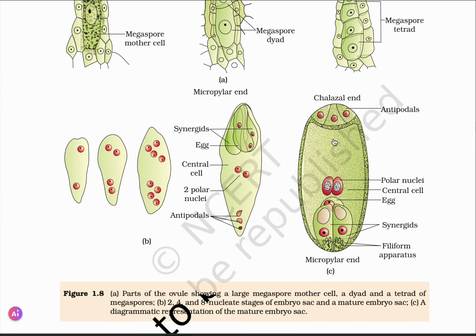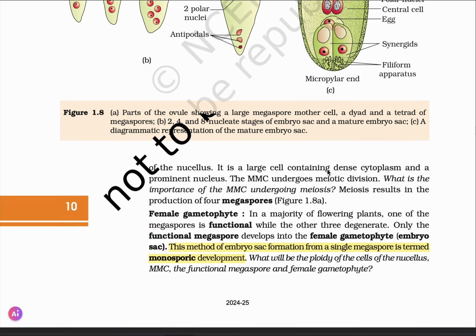So this is the structure, this is the antipodal cells, this is the synergid and the egg cell. The synergids and the egg cell together are called the egg apparatus. This is the central cell with the polar nuclei, and these are the antipodals.